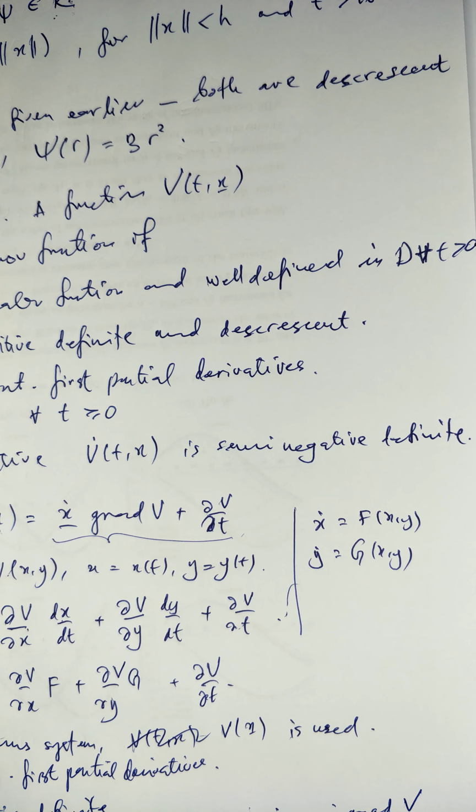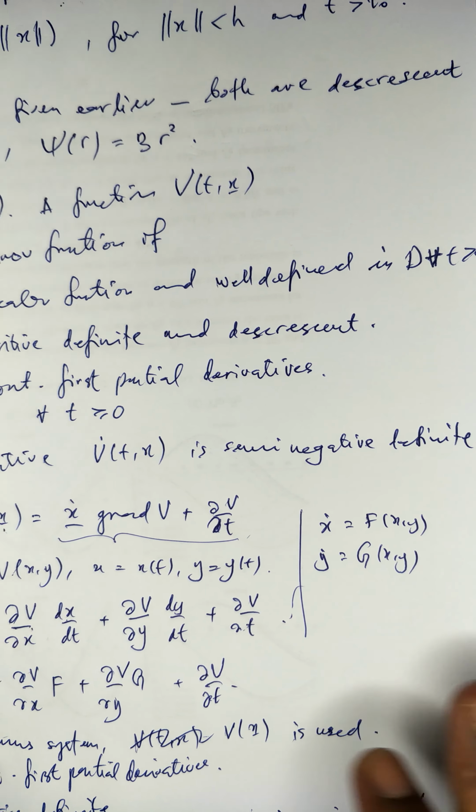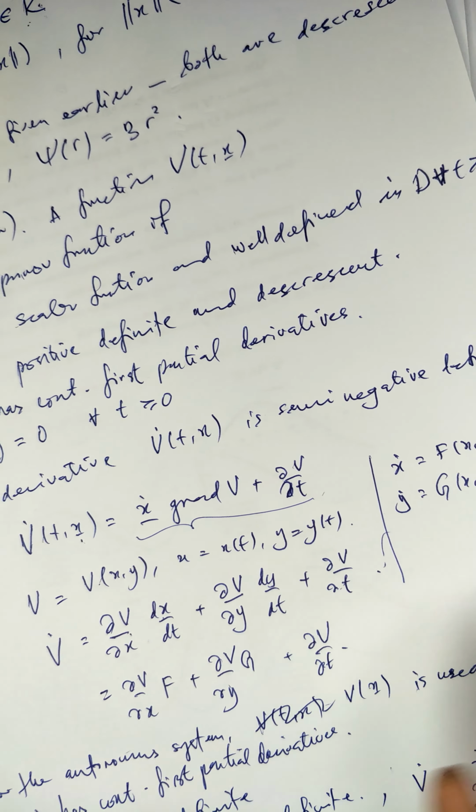So this is the Lyapunov function. Of course, before we go into detail on examples, we need to develop some theorems. But before that, I will give you a much easier way to understand what positive definite means.